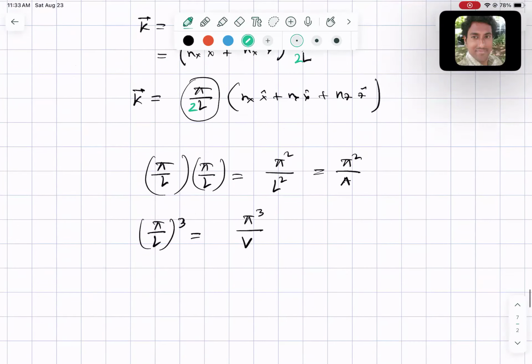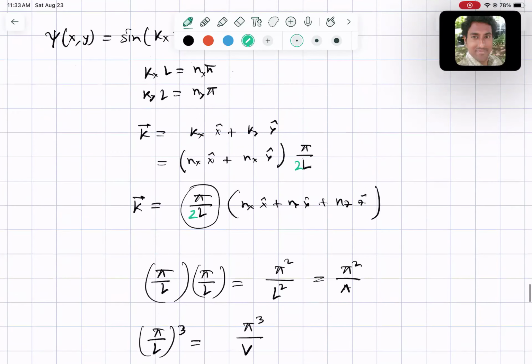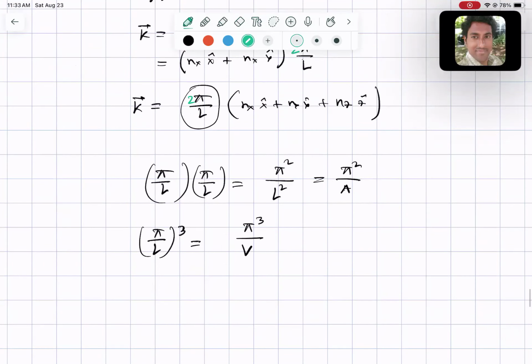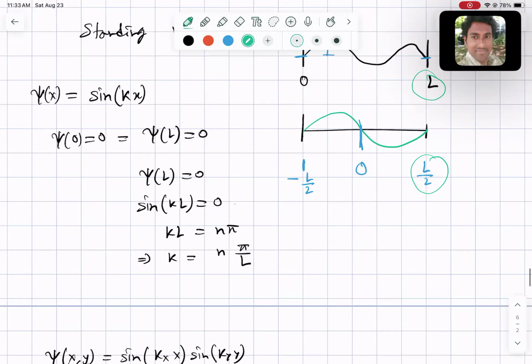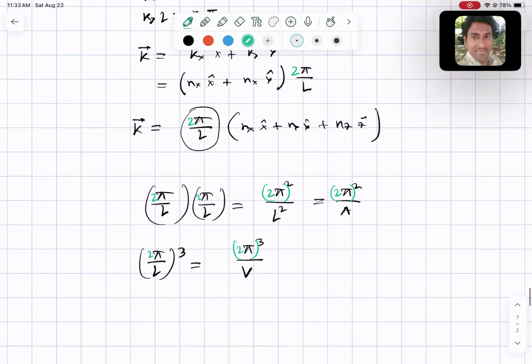And that, oh, no, I made a mistake. You have 2 there, twice pi over L. And that makes this twice pi whole squared. And this is twice pi whole cube. Okay. Because it's just choice of unit. So factor of 2 with pi is just how you choose your boundary condition.